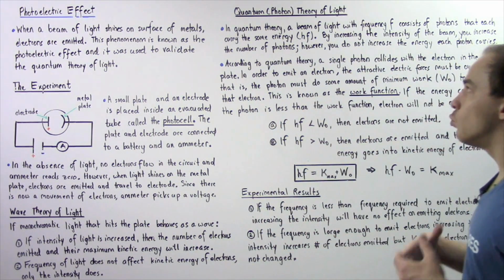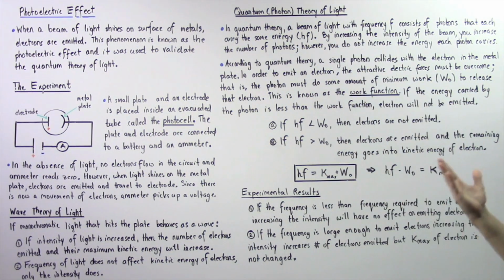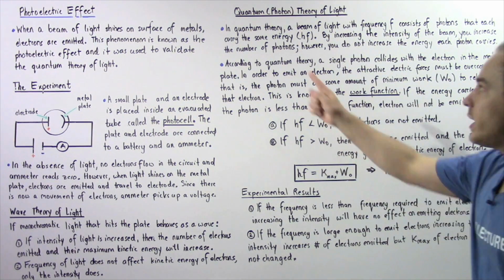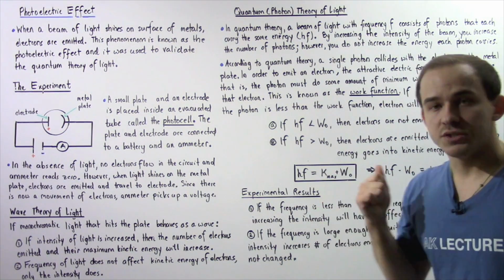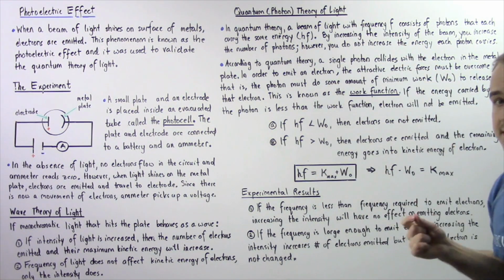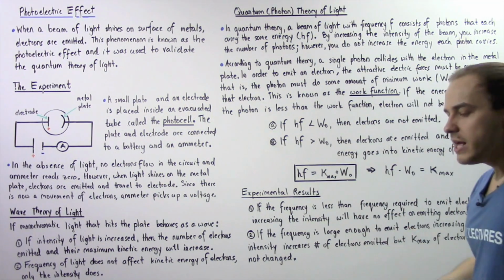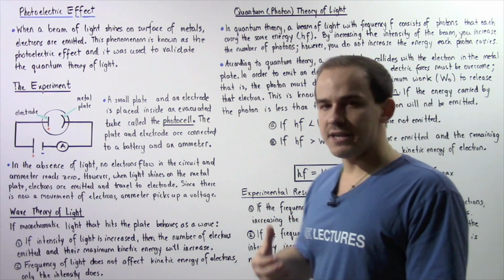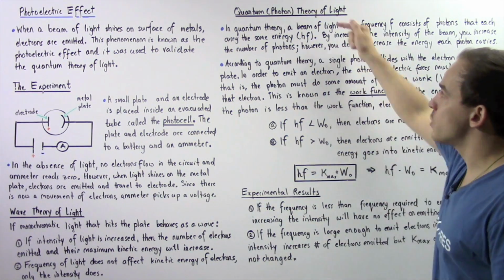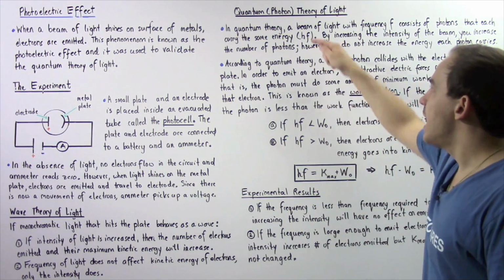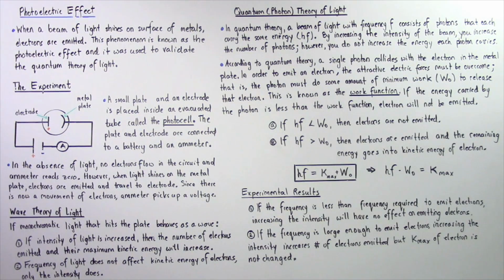Now, on the other hand, what exactly should the quantum or the photon theory of light predict? So in quantum theory, a beam of light with a frequency given by F consists of individual photons that each carry the same exact quantity of energy given by H multiplied by F, where H is Planck's constant and F is the frequency of that particular beam of light.